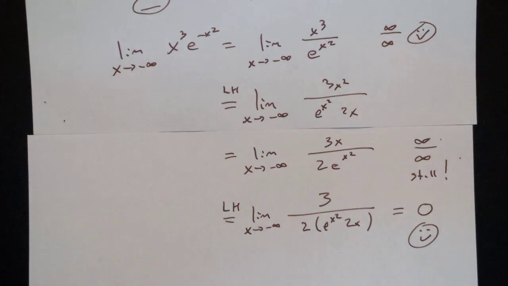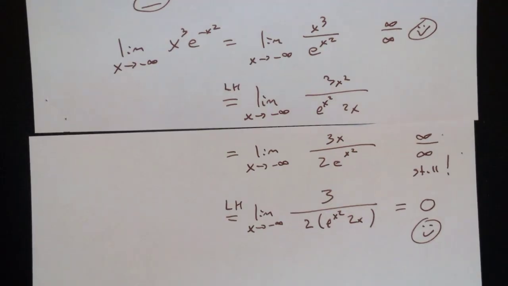Positive powers, when moved to the bottom, become negative. So I can move something from the top to the bottom as long as I change the sign of the power. So I take that x that's on top, put it on the bottom, make it an x to the -1. Which absolutely does change the way it behaves.